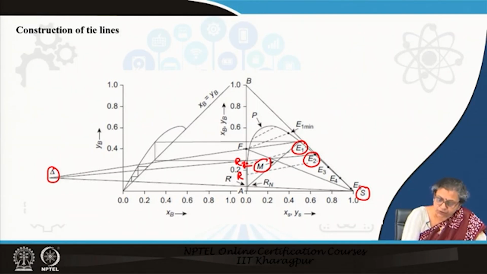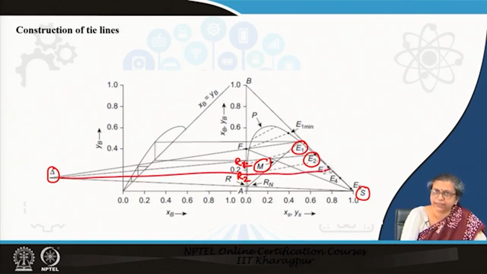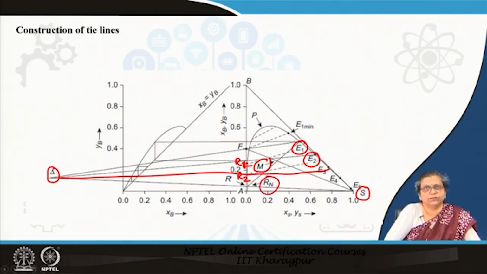From delta you draw the difference line, you get E2. From E2 you draw a tie line, you get R2. From R2, again from delta R2, if you draw and extend it, you are going to get E3. Again from E3 you can draw a tie line, you can continue this until you reach this particular composition.